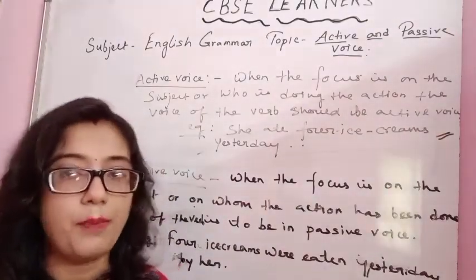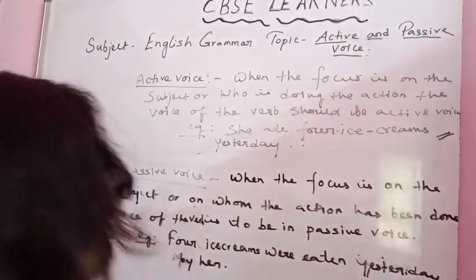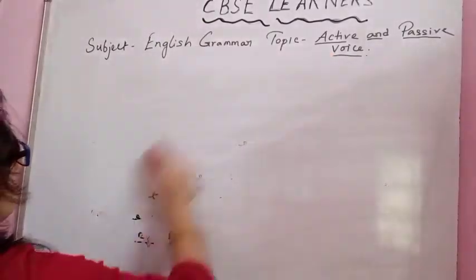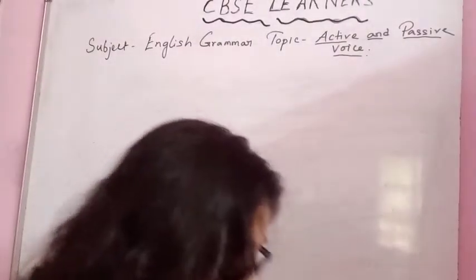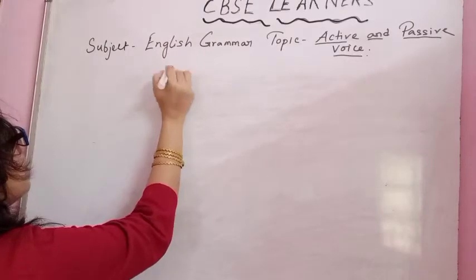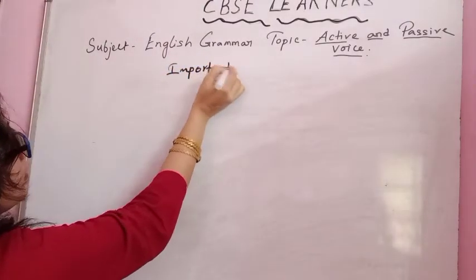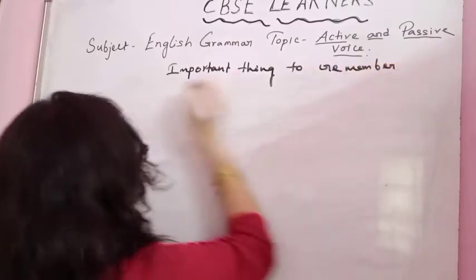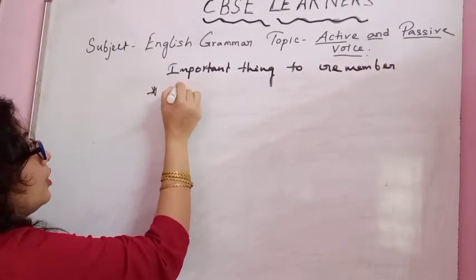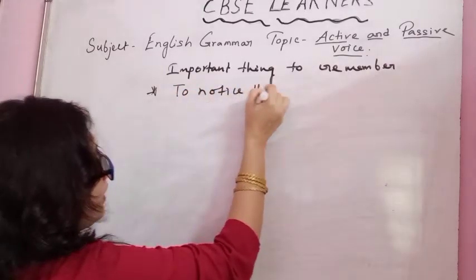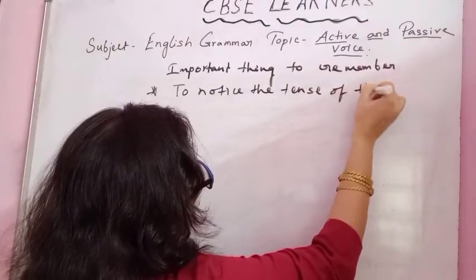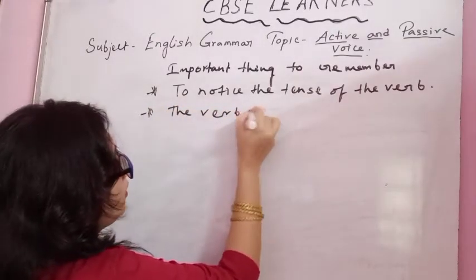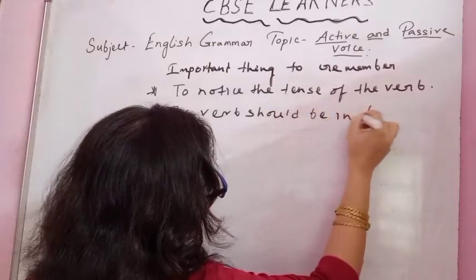Okay, conversion from active to passive. So first, what things are important for conversion, we will write down. Now, first important things to remember before converting. First one is to notice the tense of the verb. The verb should be in finite form.